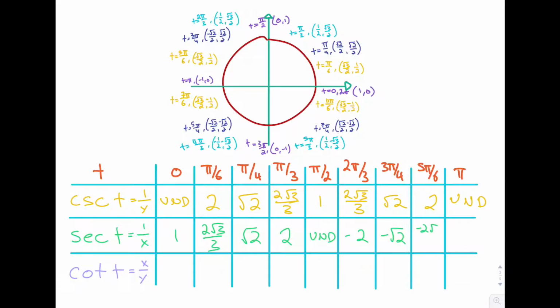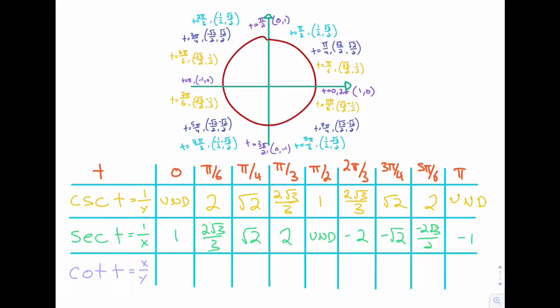Then -2 over root 3, or -2 root 3 over 3, and then secant of pi gives us -1. Similar kind of pattern, right? Like if we think about what we've got in our head so far for cosecant, it's like the secant is a little bit translated, just like sine and cosine are, so those are very related functions again.